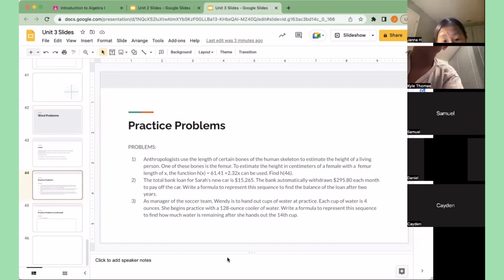So you want to solve and write a formula to represent it. You're not just writing a formula. This might not be clear, but you also want to find the balance. And it should be in the format of f of x equals whatever. And your answer should be labeled with dollars.